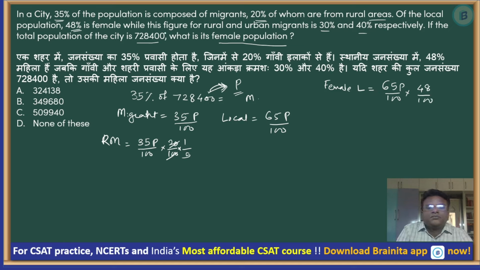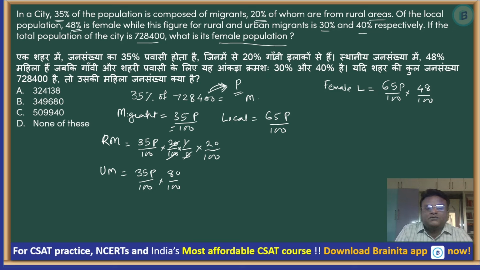Now rural migrants are this much, 20%, so urban migrants is 80% of this number: 35P by 100 into 80 by 100. Let me leave it as 20 by 100, you'll be able to cancel it out later. So this is urban migrants.